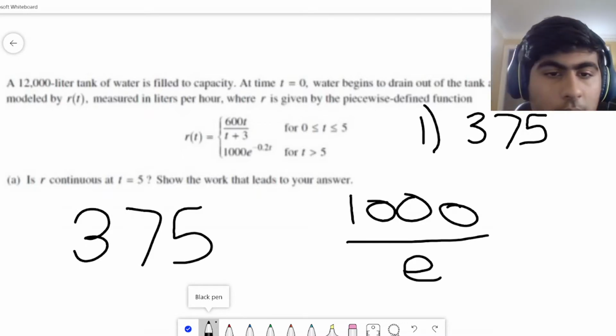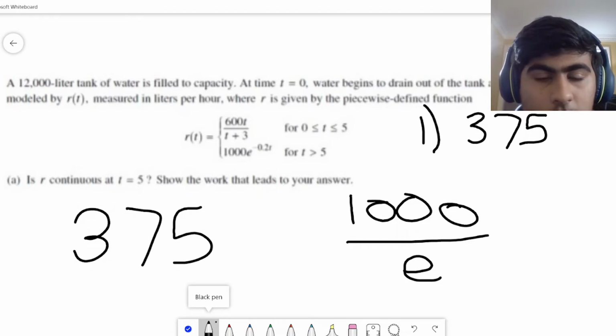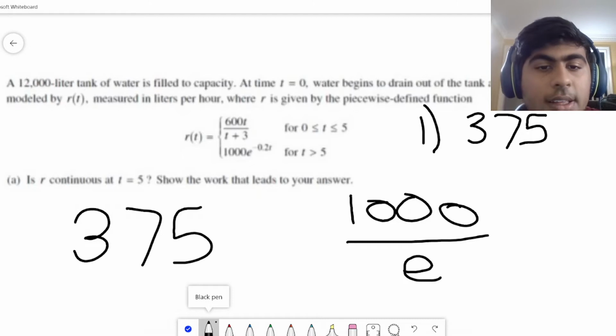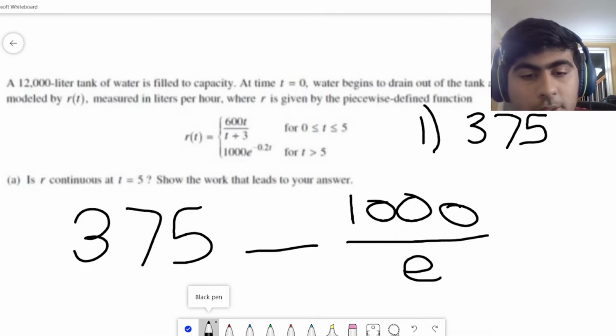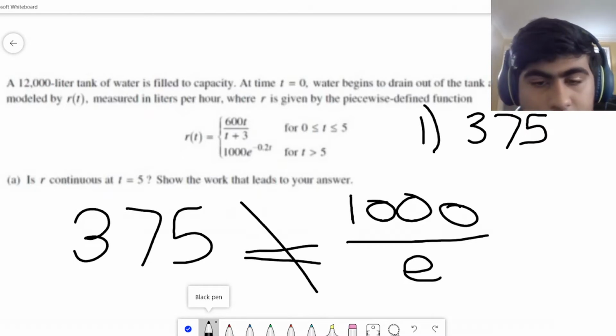And obviously you can use a calculator to figure this out, but it's kind of obvious that this is not going to be equal, because 375 is an integer and 1000 over e is not going to be an integer. So these two are not equal. So the second criterion doesn't work.